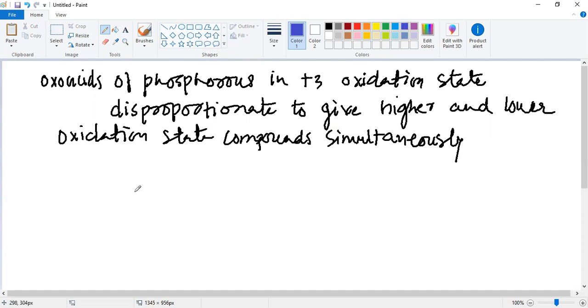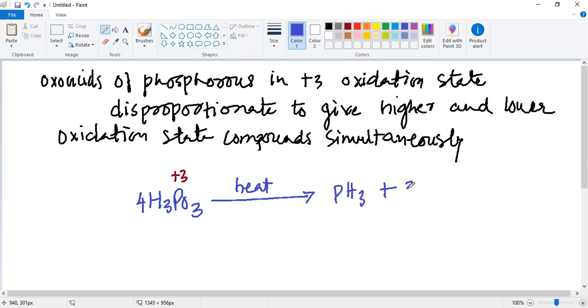This is what happens, my dear students, with an oxoacid, that is H3PO3. You can see that the oxidation state of phosphorus in H3PO3 is +3. So this H3PO3 simply disproportionates. So when we heat it, it disproportionates and gives us PH3 and 3H3PO4.